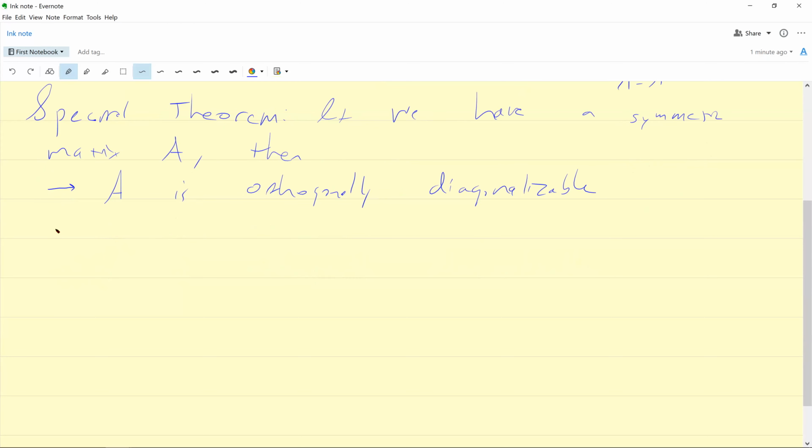Does anyone remember what else we can say? Could we say n distinct eigenvectors? Yeah, or distinct eigenvalues, right? We have different eigenspaces. Actually, it's not quite distinct eigenvalues, but you're going to have n eigenvalues, and that's counting multiplicity.